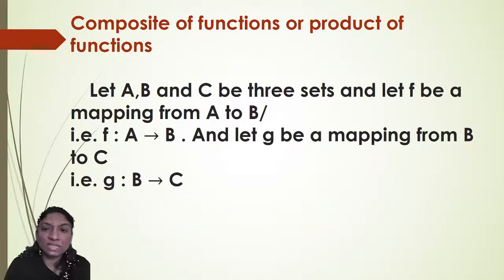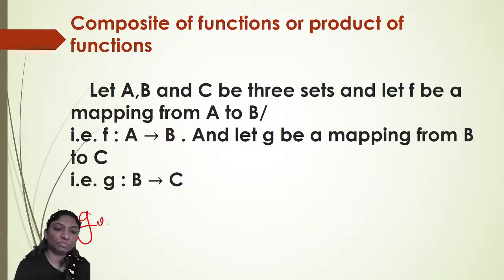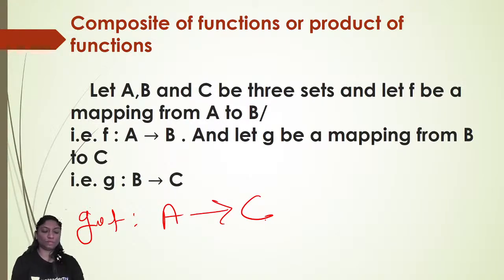Let A, B, C be three sets and let f be a mapping from A to B and g be a mapping from B to C, that is g defined from B to C. Okay. So we see that g composite f is a mapping from A to C.